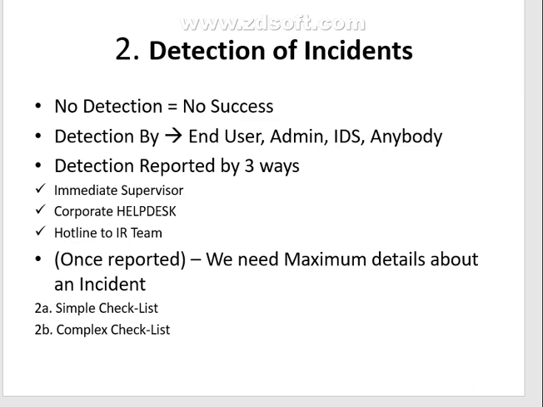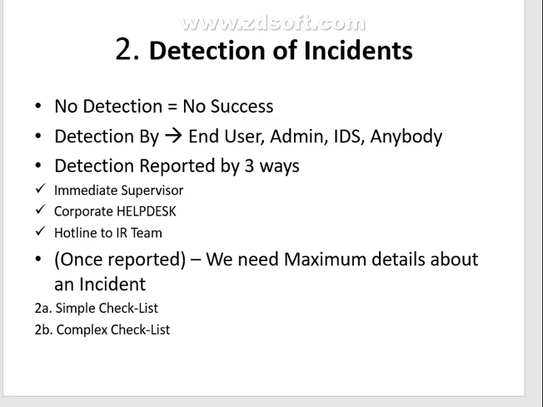So, depending with the organization setup, an incident can be reported in various ways. An incident can be reported via the immediate supervisor. An incident can be reported via a corporate help desk, or an incident can be reported through the use of a hotline to the incident response team.